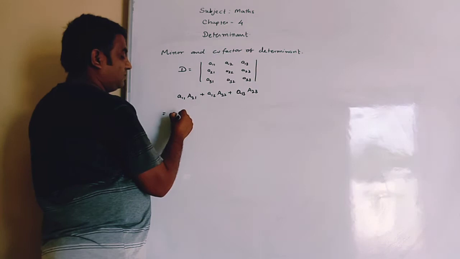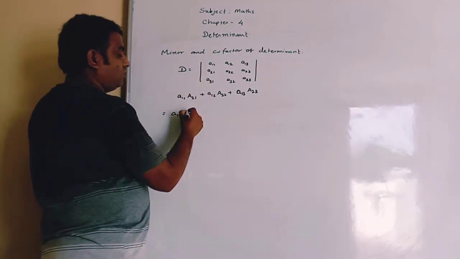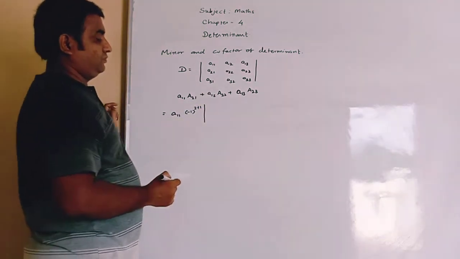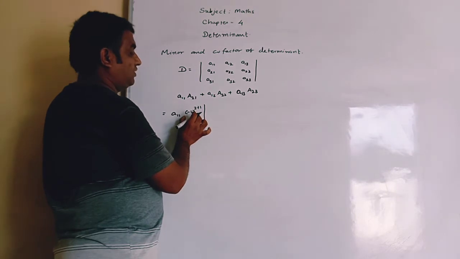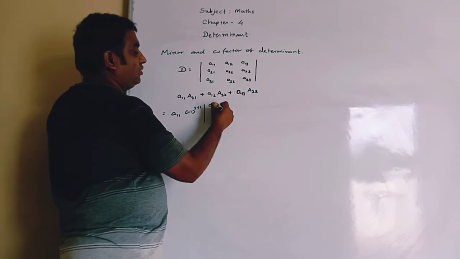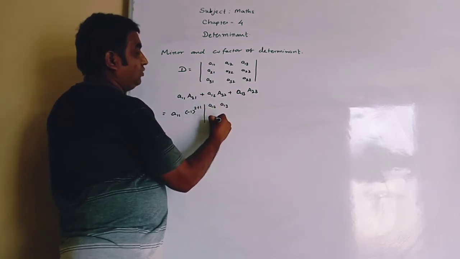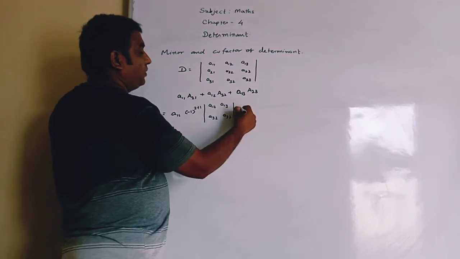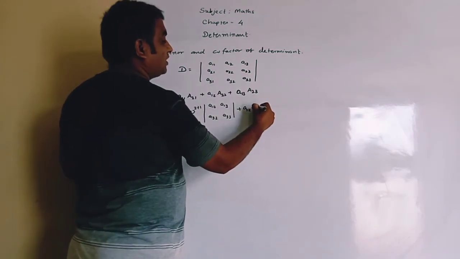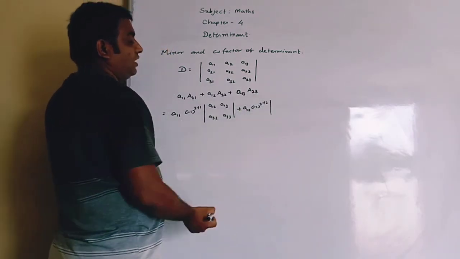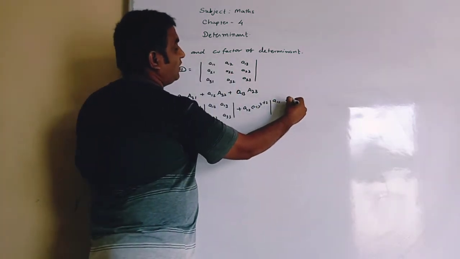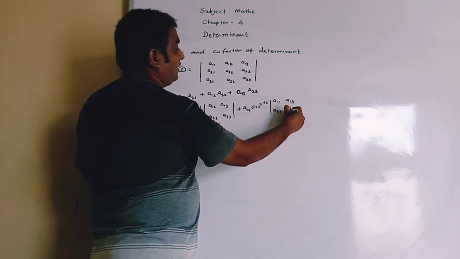Now A21 is in the second row, so minus 1 raised to 2 plus 1, and removing its row and column we get a12, a13, a32, a33, plus a12 into A22, so minus 1 raised to 2 plus 2, and here a11, a13, a31, a33.